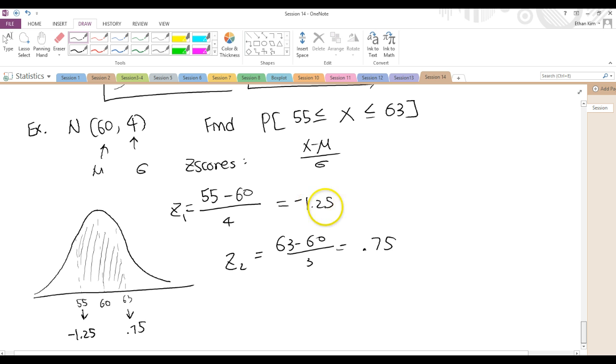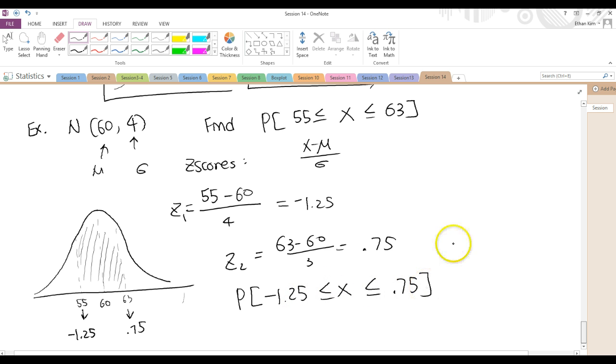Okay, and this translates into a standard normal distribution, which is easier to find. So if you're doing standard normal, this is going to be between negative 1.25 and 0.75, and we do this by following the table.